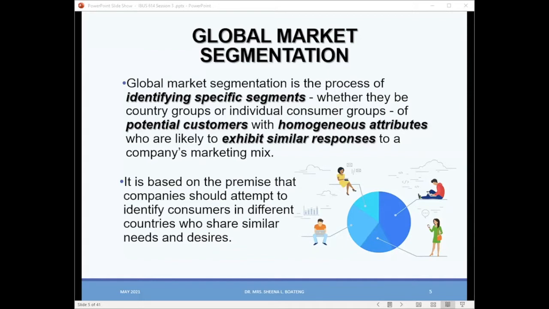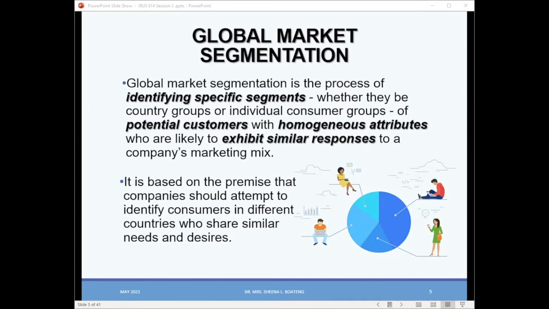Now, each of these customers has a unique set of characteristics that make them distinguishable from each other. So the process of global market segmentation is basically trying to identify specific segments within these myriad groups of customers that we are referring to.